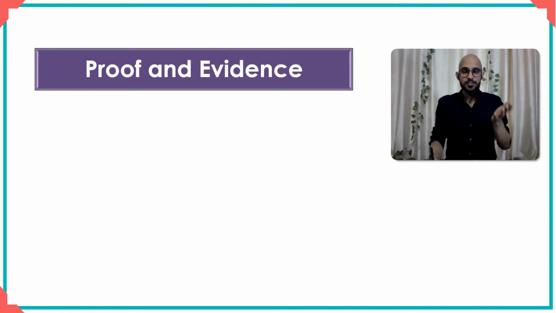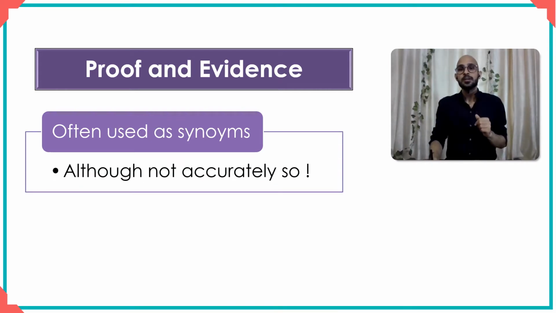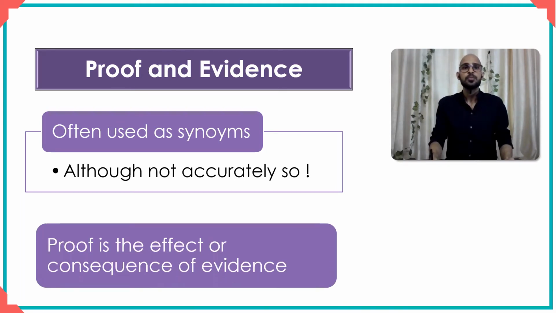As regards proof and evidence, they are often used synonymously, right? In fact, especially in common parlance in our day-to-day conversation, proof and evidence are used synonymously and interchangeably. However, that is not an accurate way to use them, especially in the context of the law of evidence and the Indian law of evidence, right? Let me tell you the main difference between the two.